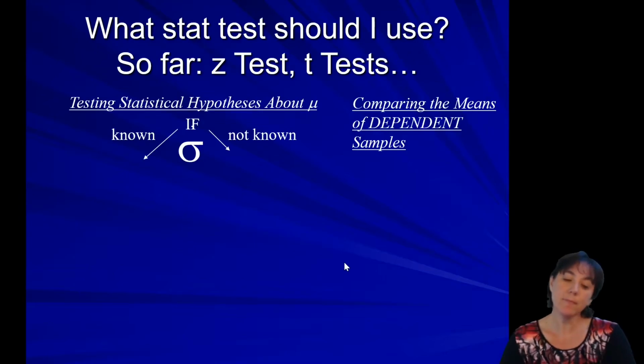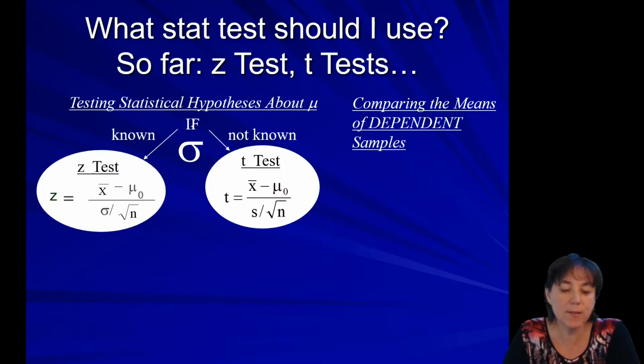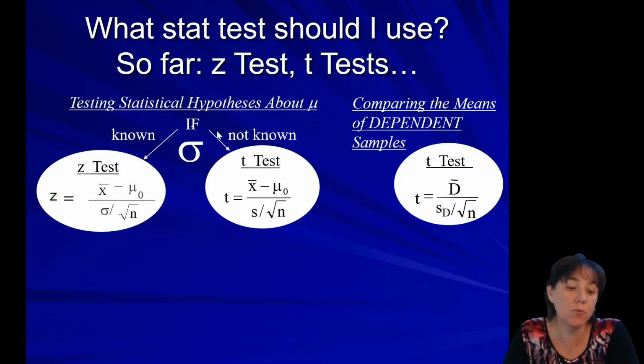Okay, let's stop for a moment because it's very important to decide. So far we have a one sample t-test and a dependent sample t-test and also a z-test in hand. So this is just a summary of how we should decide which to use. Basically you can use a z-test or a t-test if you know the sigma.